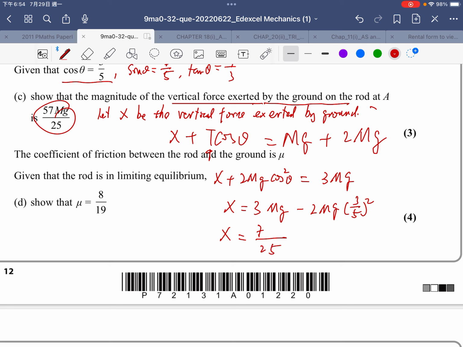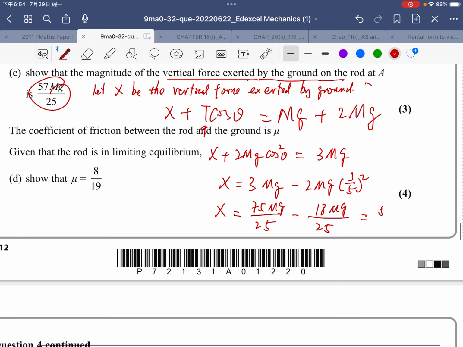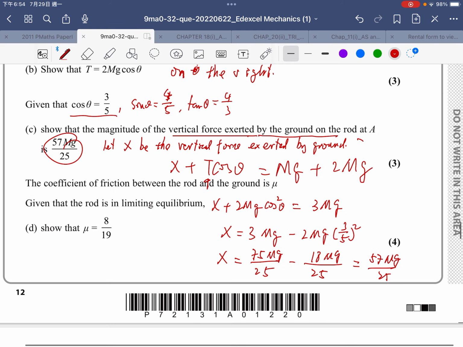The denominator is 25 and the numerator is 75mg, minus 9 times 2 is 18mg, which is equal to 57mg over 25. Okay, this is the same as the answer.